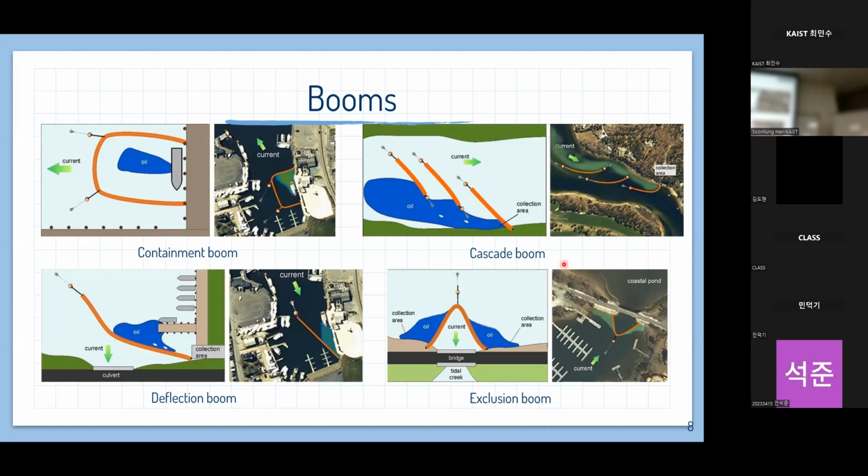A cascade boom is one of the deflection boom types, and an exclusion boom is largely a protective measure, the idea being to protect sensitive areas such as marshland, water intakes, or shorelines.